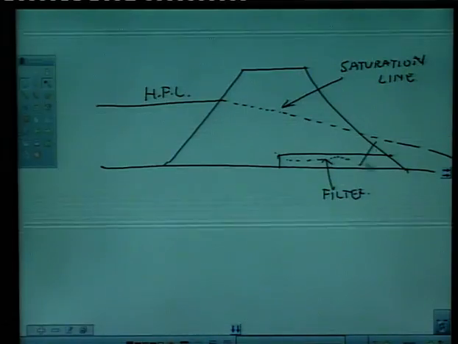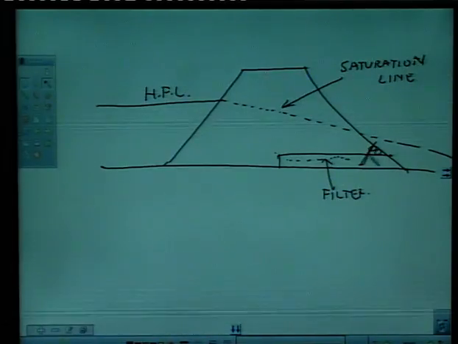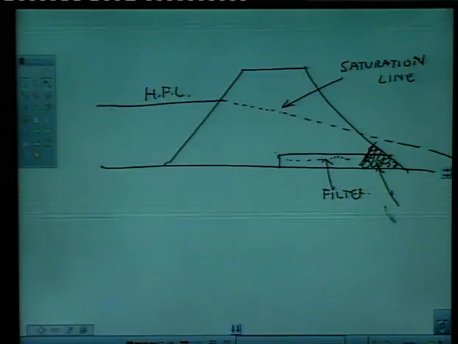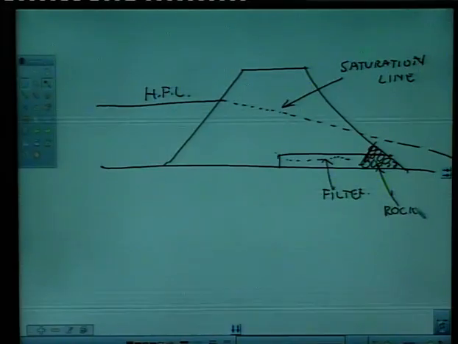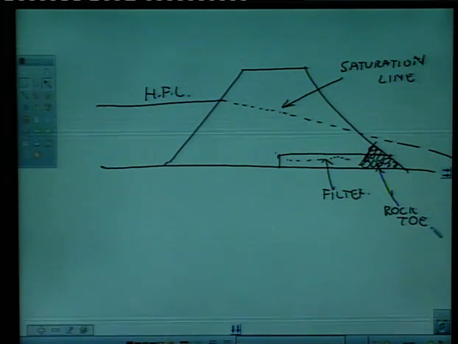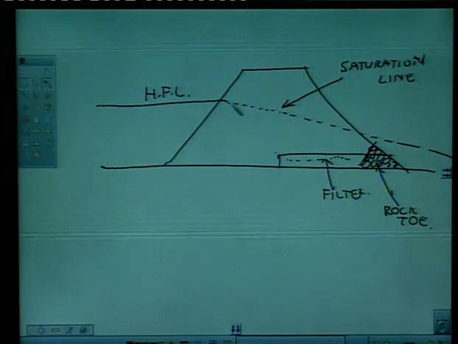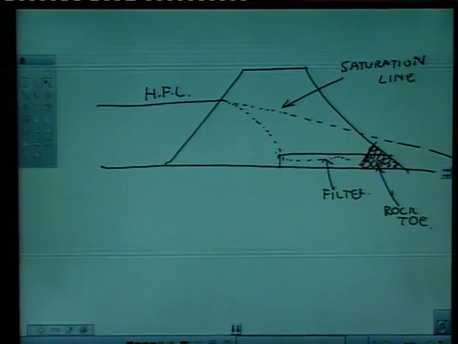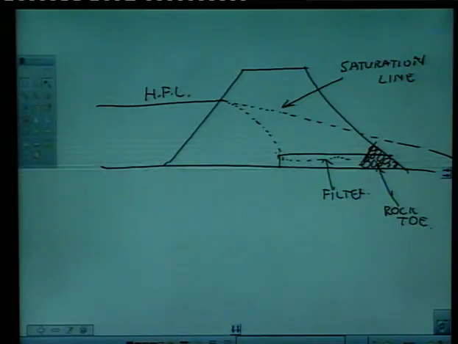Then a rock toe, so we will have something like this one. Our saturation line will come within the body of the dam. So, now the dam section is a safe one.